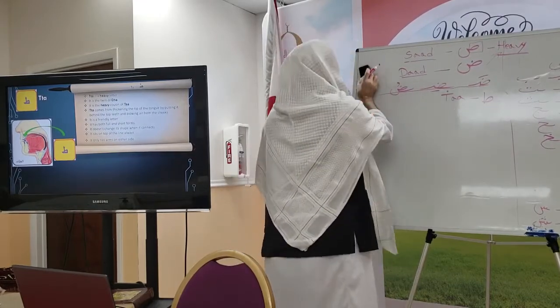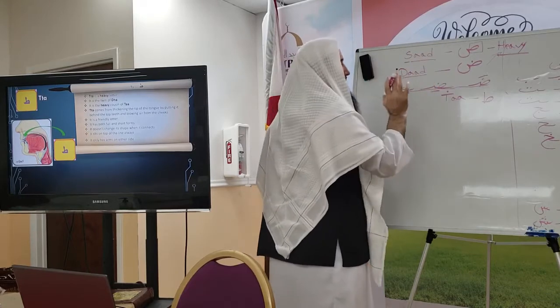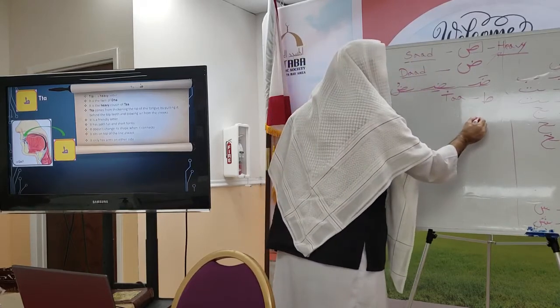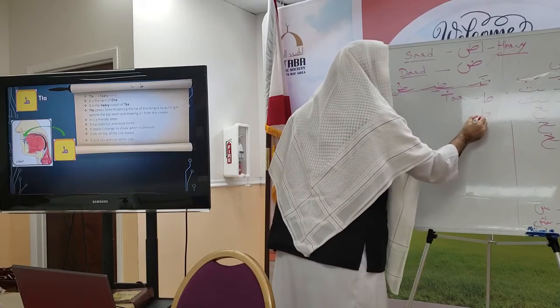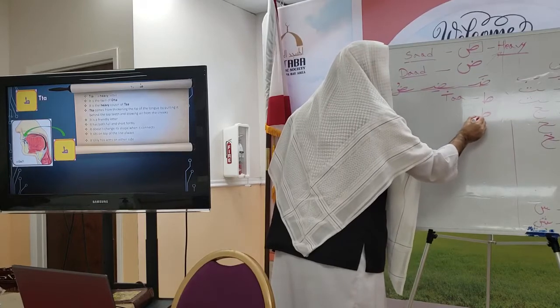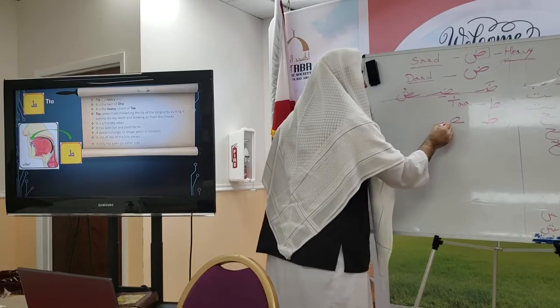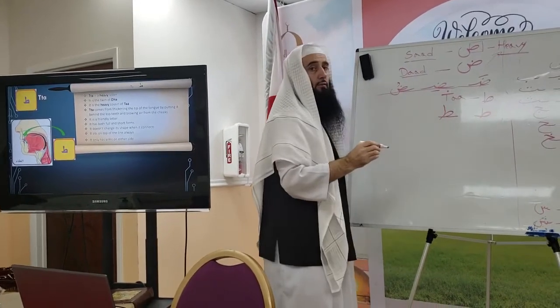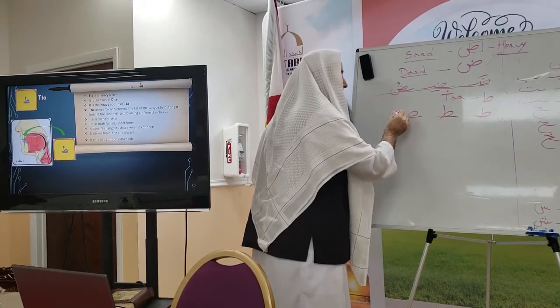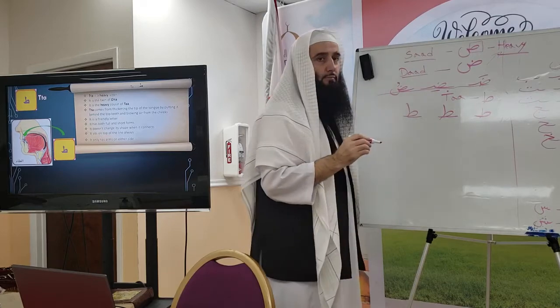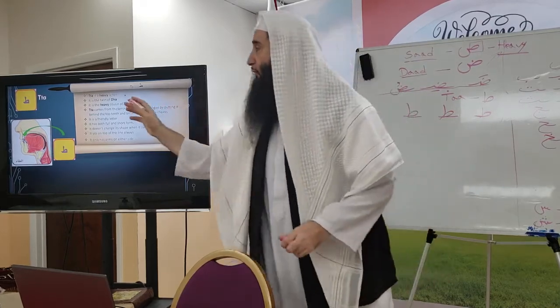Now, okay. This letter is same like the other. This is also a heavy letter. In the beginning, it has this form. Beginning right here, you see the connection right here. In the middle, the form is the same. It doesn't change. In the end, the form is the same. It doesn't change. You see? It has the same form.